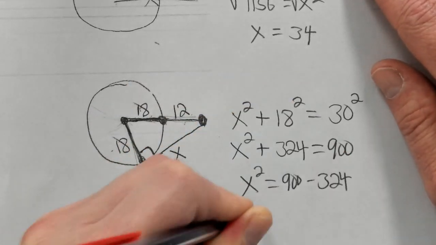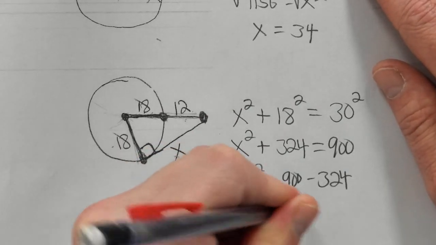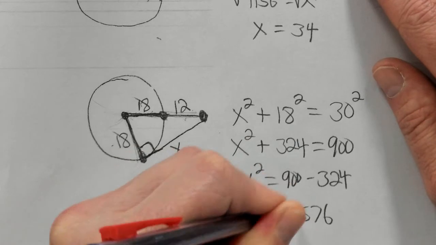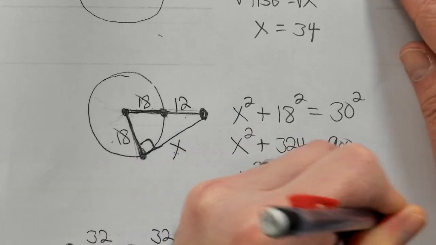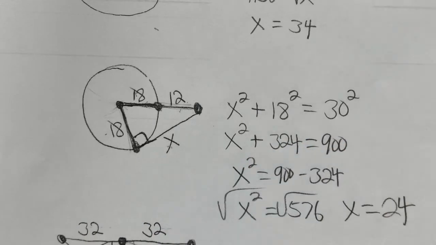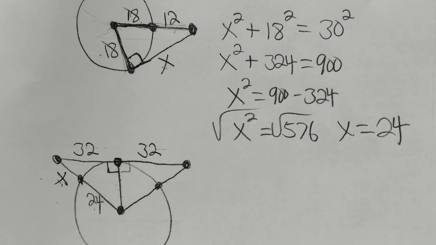And when I do that, I've got x squared is equal to 576. Square root of both sides, and my x is equal to 24. So again, it's just using the radius in order to finish up the equation of what we need.